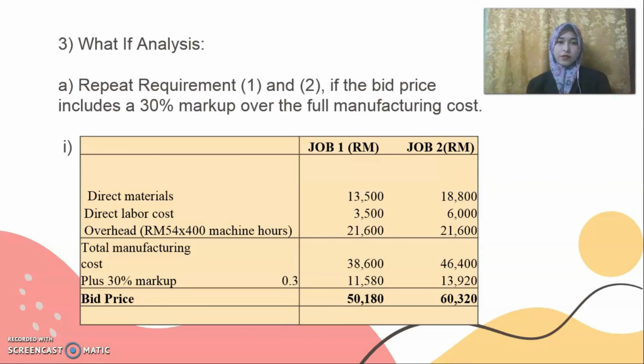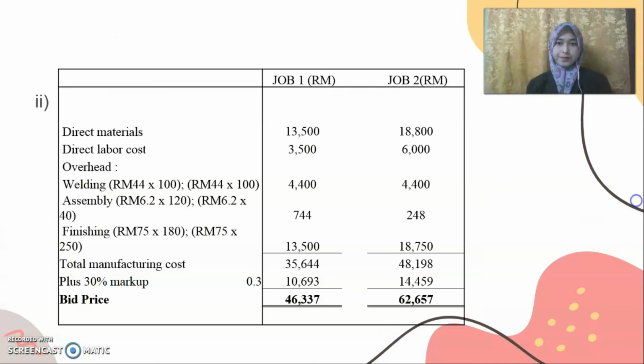We do the same thing for the bid price, but we change the markup from 45% to 30%, and the last one we get the answer for job 1, 50,180, for job 2, 60,320.